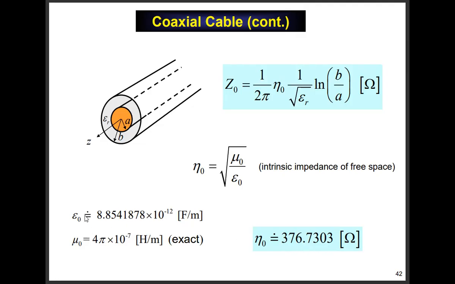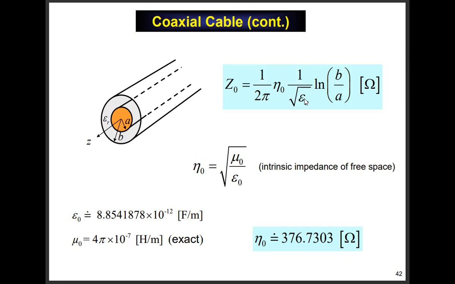Okay. Remember, let me remind you, mu0 is an exact number for all practical purposes, right? At least up until 2019, I guess. And here's a very accurate formula for epsilon 0. So that's how you would get this. So there's a formula for Z0 of a coax. Notice that the characteristic impedance, of course, depends on dimensions and it depends on the material that's inside of it.